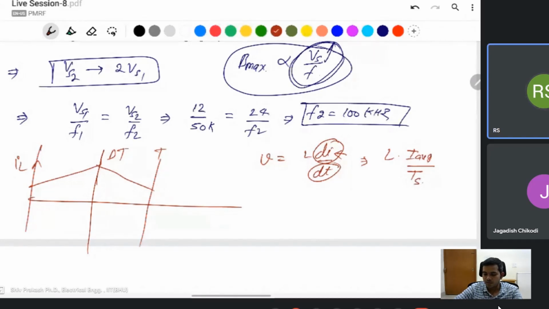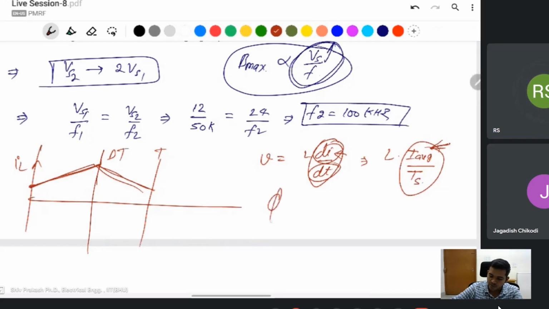You can also define it as the change in the inductor current, from here to here. Then this current depends directly on the flux of the core, the flux of the inductor.